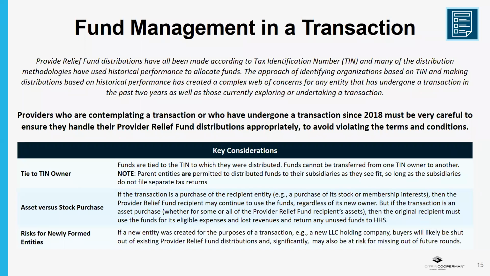HHS has explicitly stated that they do not intend to redistribute funds returned by sellers to buyers, which is obviously a very difficult situation for some buyers that have been left out in the cold despite providing care throughout the crisis. Fortunately, they have said that new entities may be eligible for future distributions, but unfortunately, they've been left out on many.